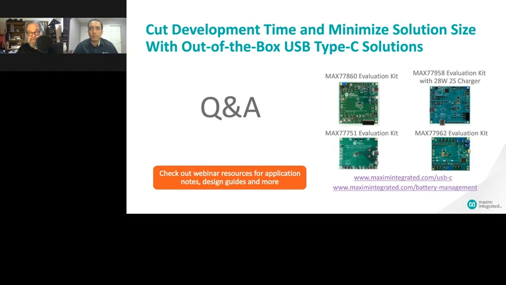Sure. Thanks, Ben. That's a great question. The way that the moisture detection works is the IC Max 77958 has a built-in analog to digital converter, and it senses the impedance changes on the USB port and compares that with a couple of GPIO pins on the board itself. When a change in impedance is detected, which is often what happens when moisture is present in the system, we have a proprietary algorithm which enables the IC to accurately detect when moisture is present.